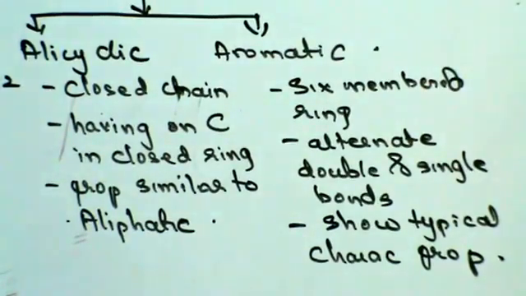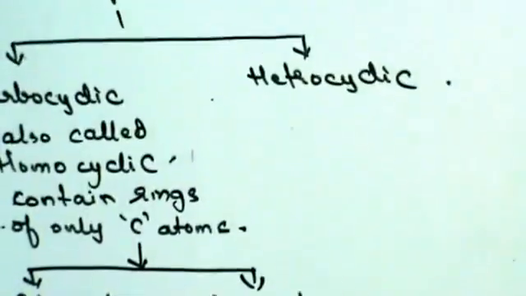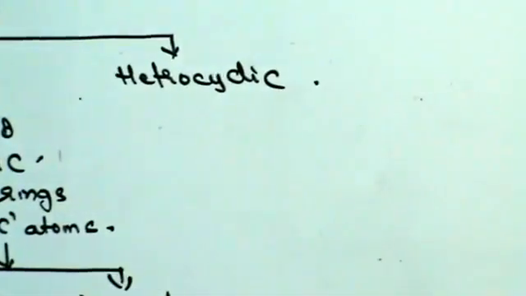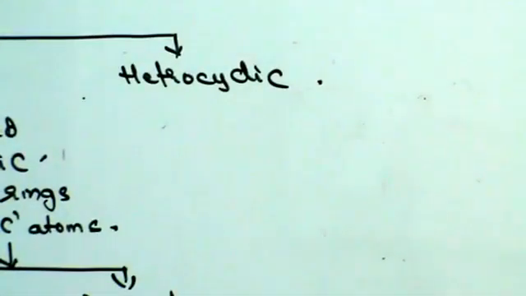Now let's come to heterocyclic. What are heterocyclic compounds? These are closed chain compounds in which the ring contains one or more atoms of some other element other than carbon.